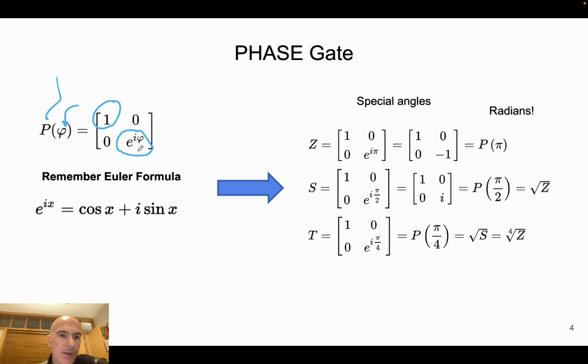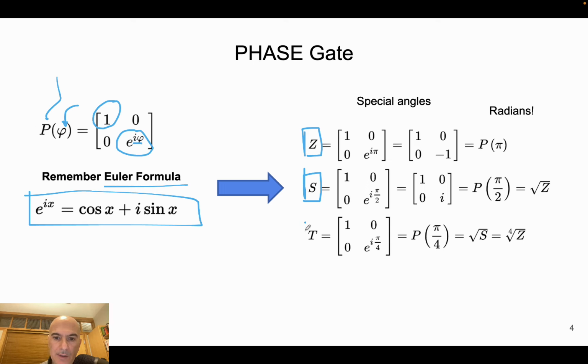To see the connection between rotation and exponential with a complex number, remember the Euler formula, that is this equivalence here.